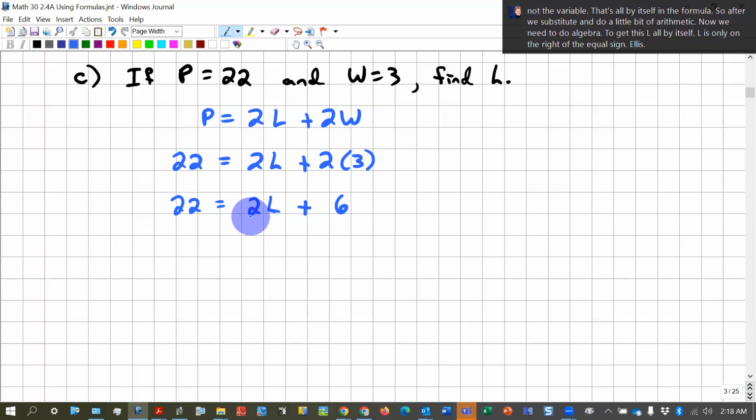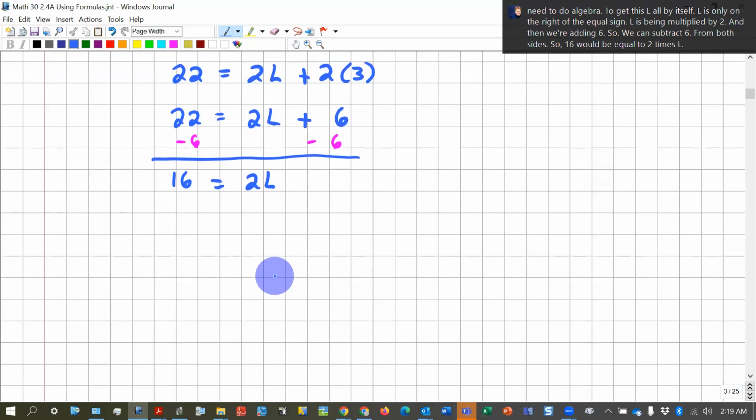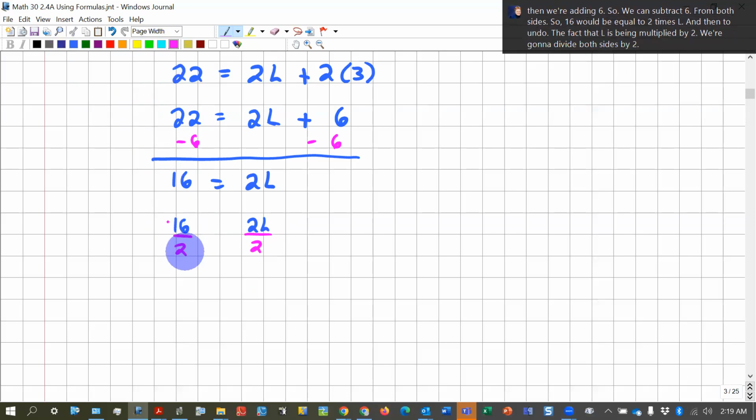L is being multiplied by 2, and then we're adding 6. So we can subtract 6 from both sides. So 16 would be equal to 2 times L. And then to undo the fact that L is being multiplied by 2, we're going to divide both sides by 2. And we're going to do that in a new step.